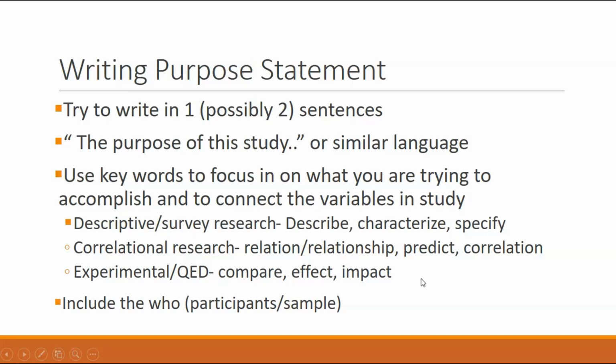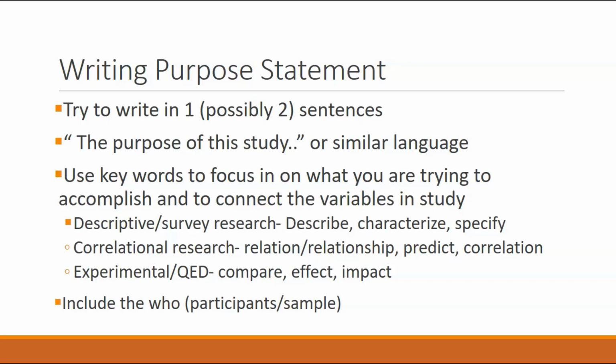There's correlational research, which is examining relationships between different variables or trying to predict one variable from another, or the correlation between two variables. And there's experimental studies, or quasi-experimental studies, in which you're trying to compare between groups. You're trying to look at the effect of something or the impact.